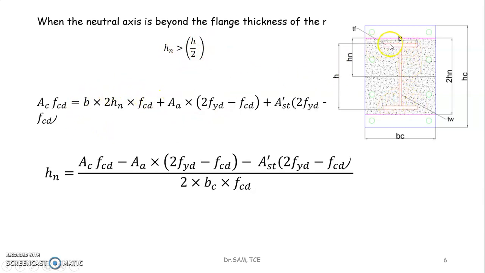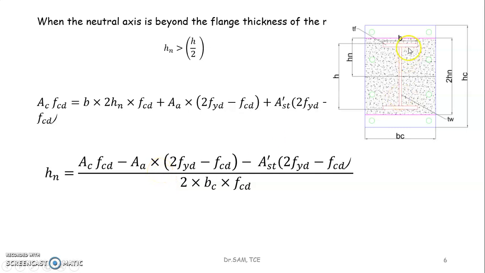Since the rolled section is completely within the 2H region, therefore I'll take that region into the respective stress. In the respective stress, as I told, the stress in the structural steel is 2 times FYD. I'm deducting the concrete which is already accounted in the first term. Similarly, in the reinforcing steel, from this I'm calculating the expression for HN.